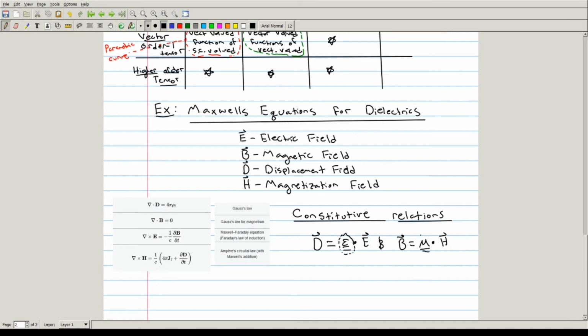These two tensors, by the way, this epsilon tensor is called the permittivity tensor, or the electric permittivity tensor. And this tensor right here is called the permeability tensor.